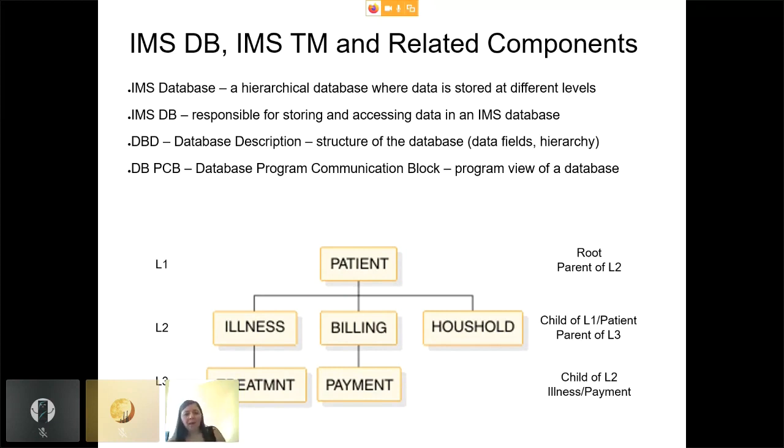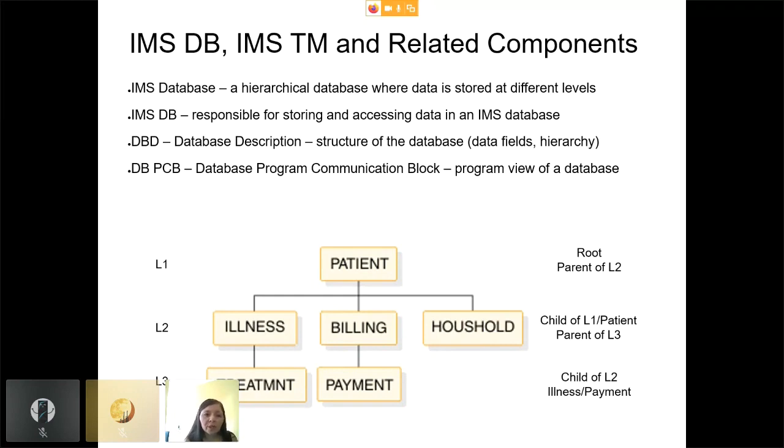And the same goes for billing and payment. Billing is a child of the patient, and a patient comes in, a billing record goes out, and so on. Now, IMS database is responsible for storing and accessing data in this IMS hierarchical database.